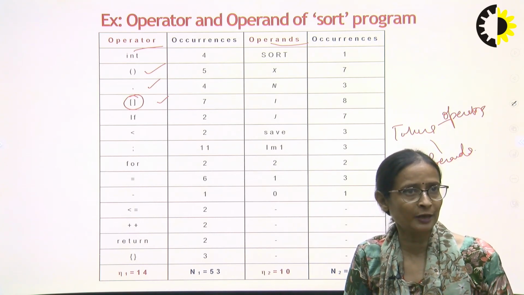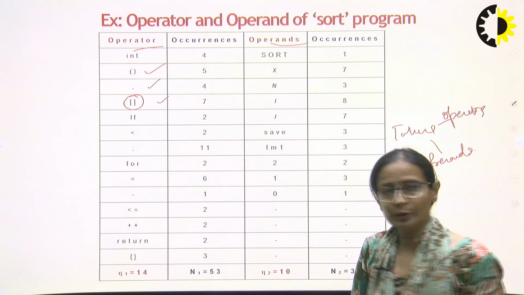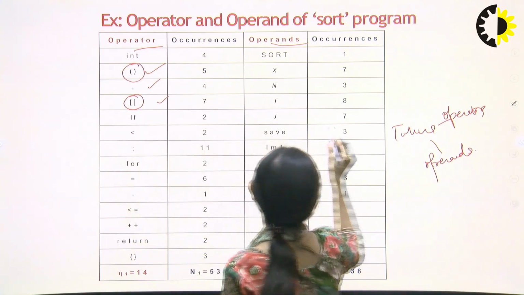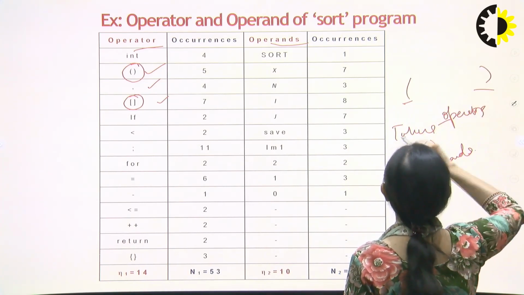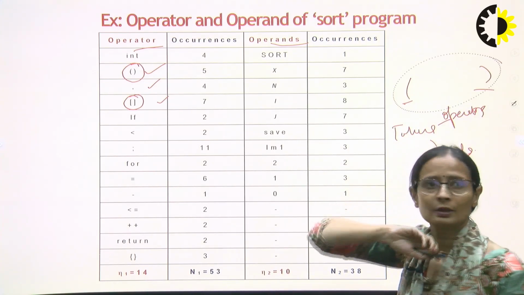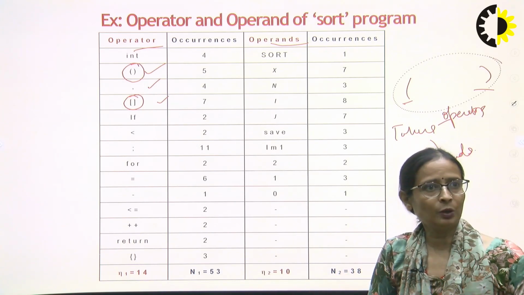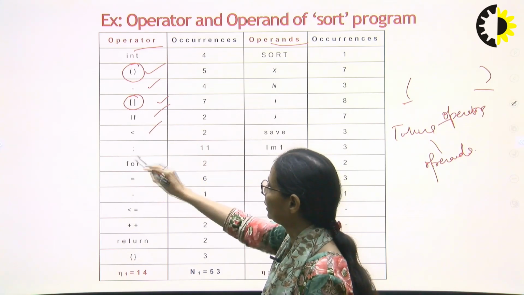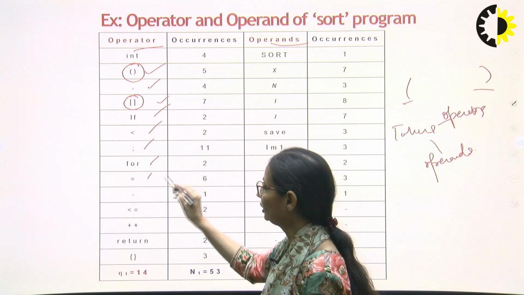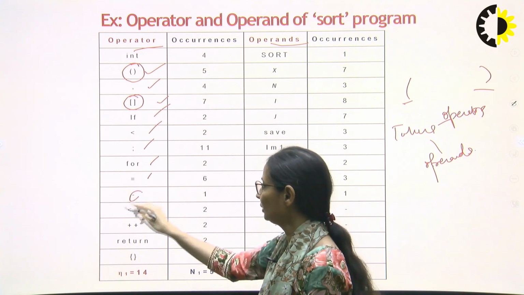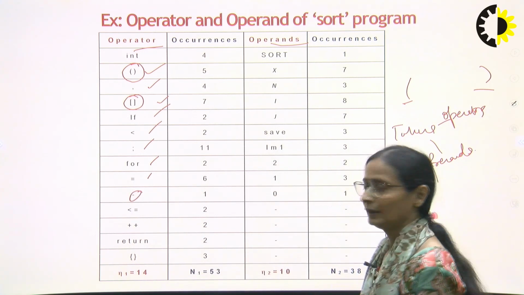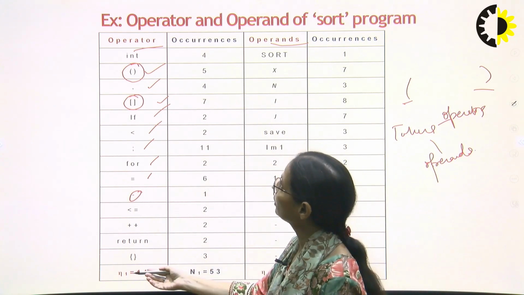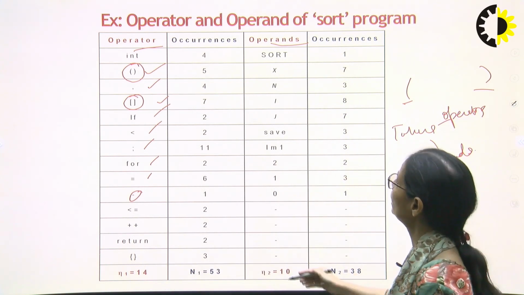It has occurred 4 times. Then the round bracket, it is very important to note, acts as a single unique operator; you don't need to identify the two symbols separately. Got it? Then we have the comma, square bracket, if, the mathematical operator, semicolon, for, equal to, and this mathematical operator. Now these are the symbols which come under operators, and these are the symbols which come under operands.